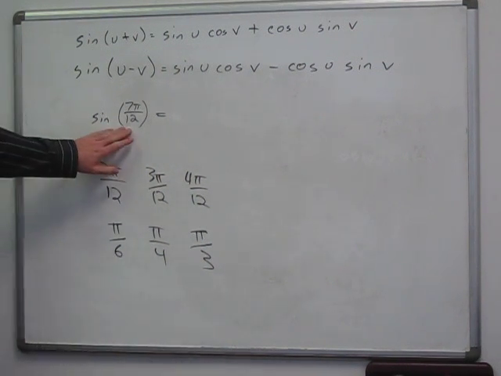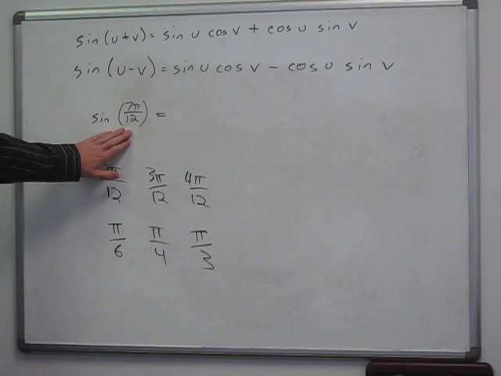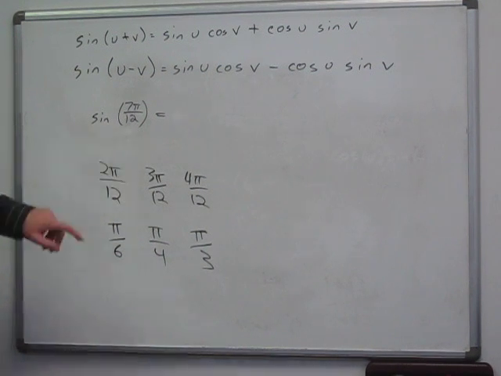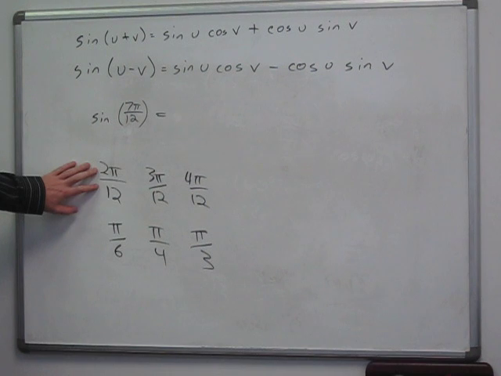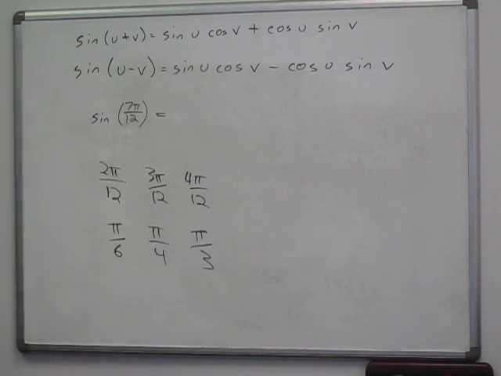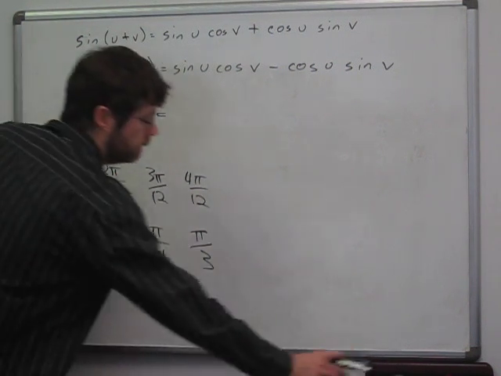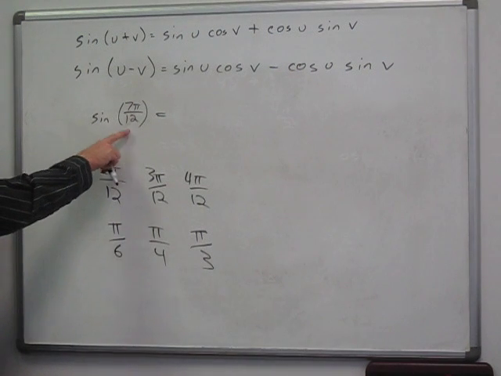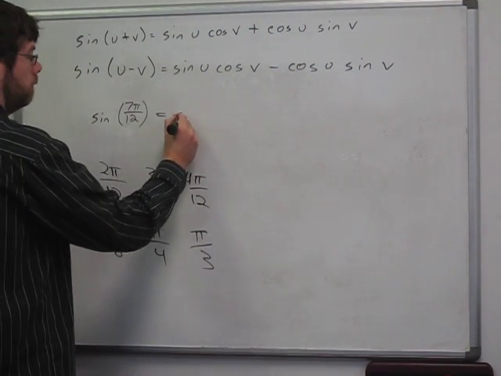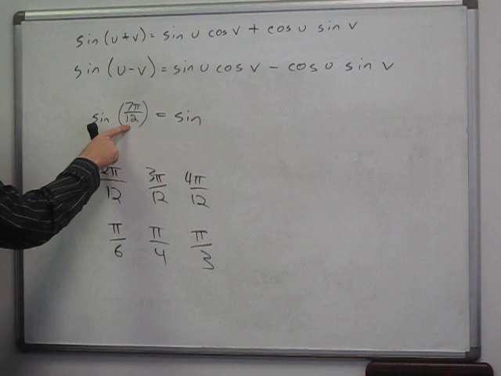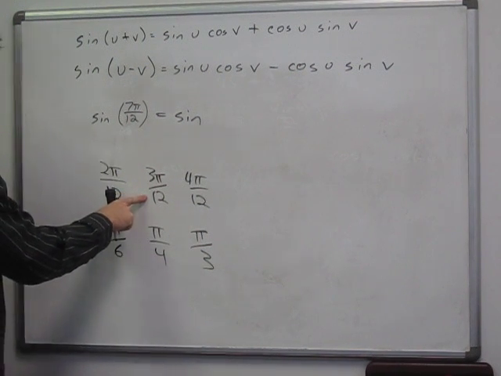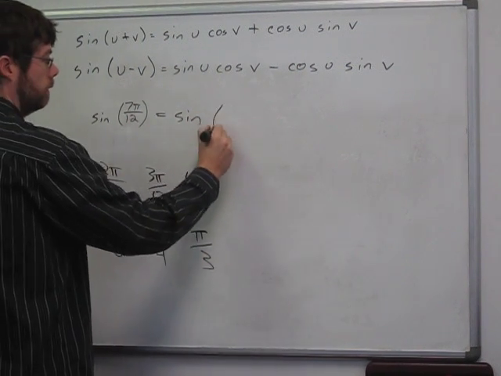So if I want to break down 7 pi over 12 into familiar angles, I would like to use multiples of 2 pi over 12 and 3 pi over 12. So for this problem, if I want to use angle sum, well, 7 pi over 12 is just 3 pi over 12 plus 4 pi over 12.